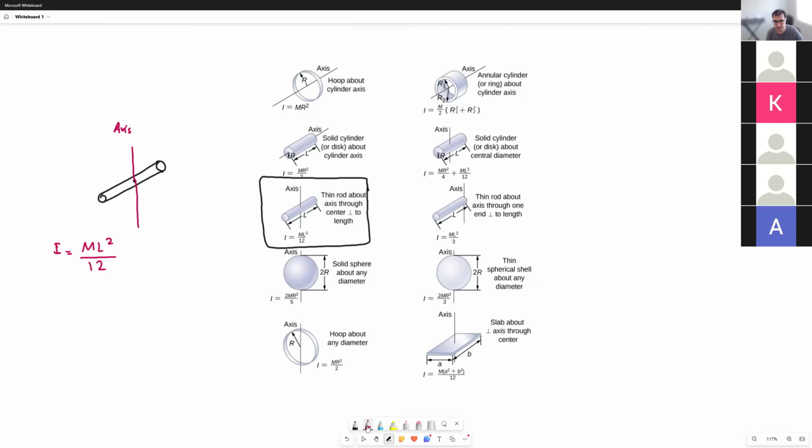So, for example, if you want to rotate this about this axis, which is exactly parallel, I'm going to call this axis 1 and I'm going to call it axis 2.